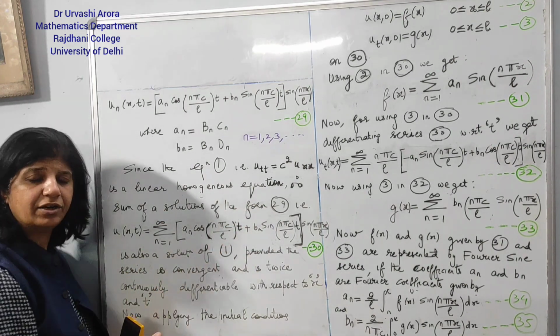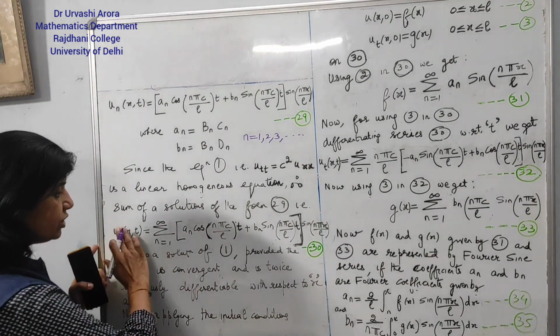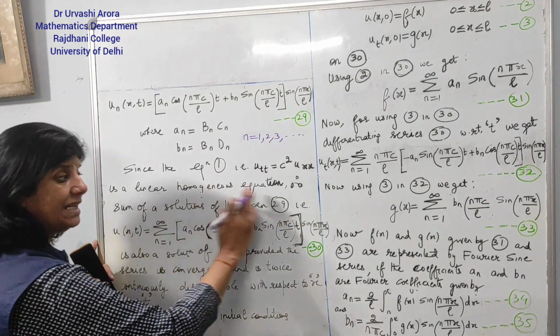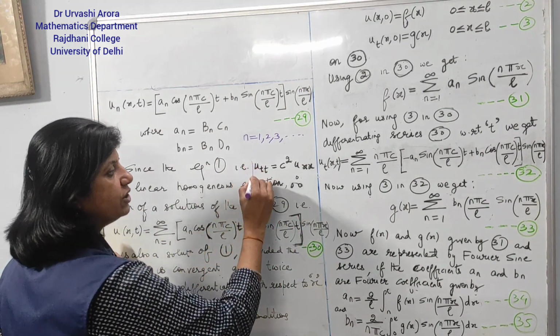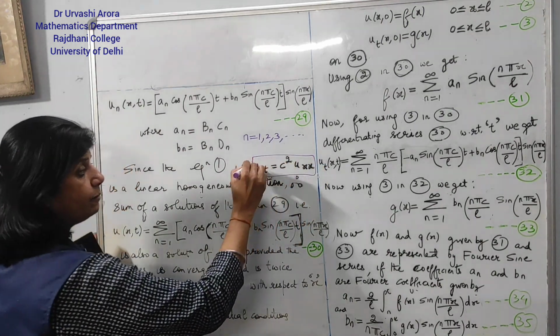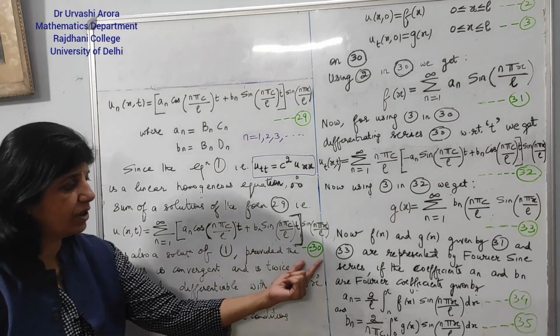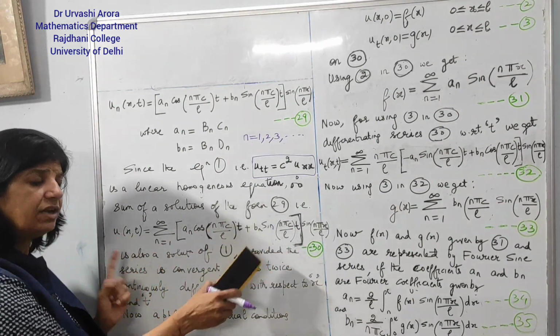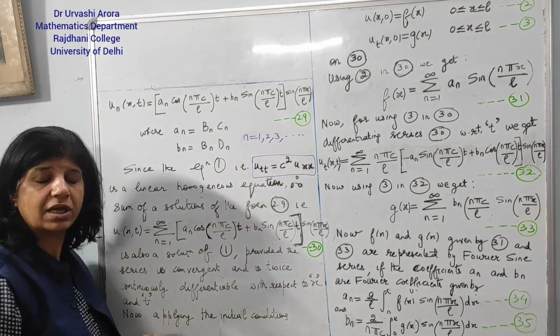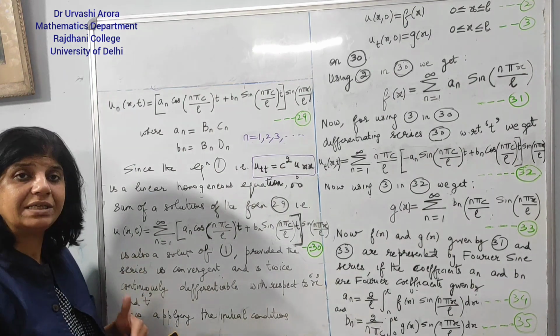Supposing that these conditions are satisfied, the solution that we get is a series solution of the one dimensional wave equation, which we are representing by u(x,t), and the number that we have given to this is 30.